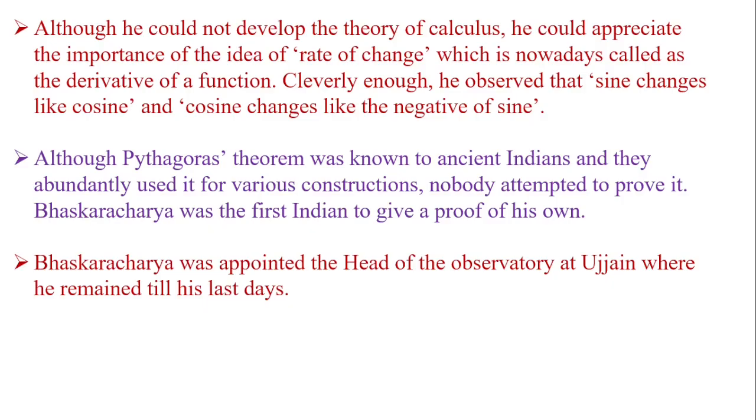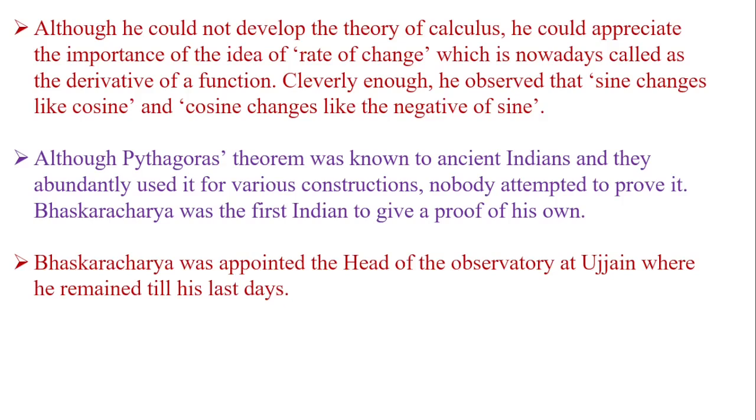As we say in mathematical terminology, the derivative of sine is cosine and the derivative of cosine is the negative of sine. He had already observed this, although he could not express it mathematically.